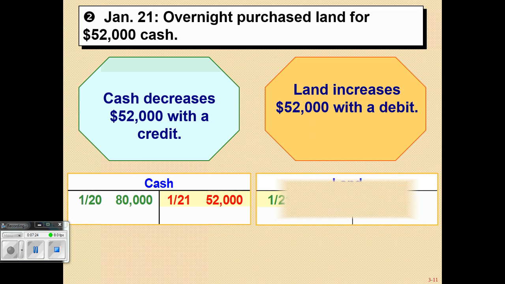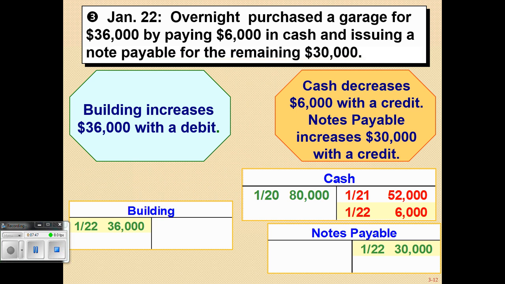Next, if you'll recall, I bought land. When I paid cash for it, my cash went down by 52 grand, so that is a credit of 52 grand, and my asset account land went up by 52 grand. So to get the asset land to go up by 52 grand, I need to debit it. Notice my debits and credits are equal.